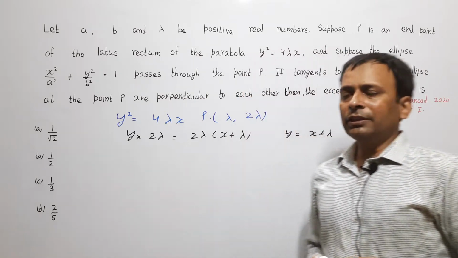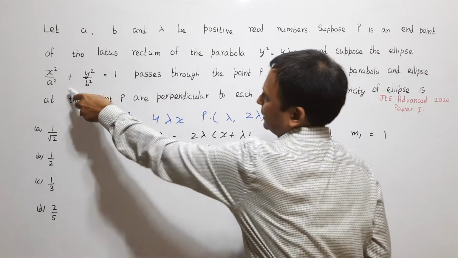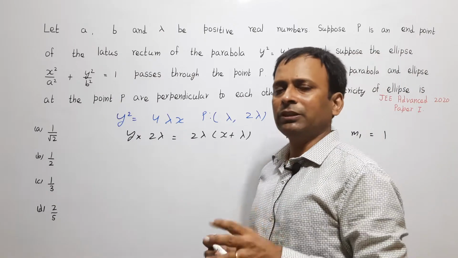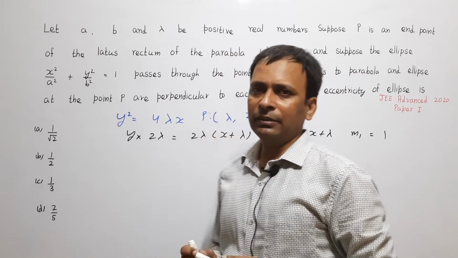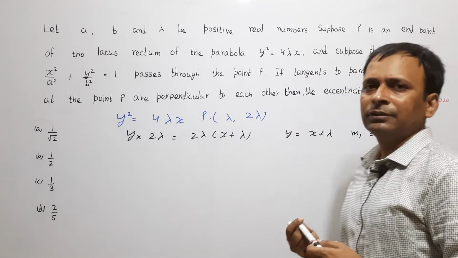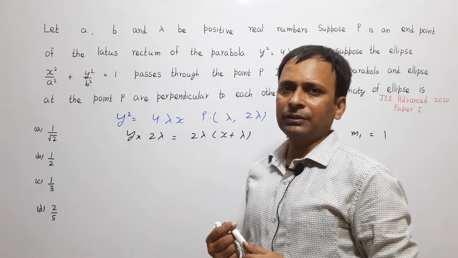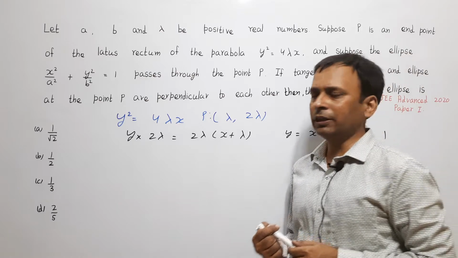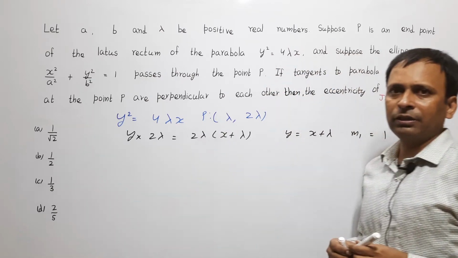Now coming on to the ellipse, which they have given as x square by a square plus y square by b square equal to 1, which is also a standard ellipse, and they have given us that this point P lies on the ellipse. We need to find the equation of the tangent to the ellipse at this particular point.